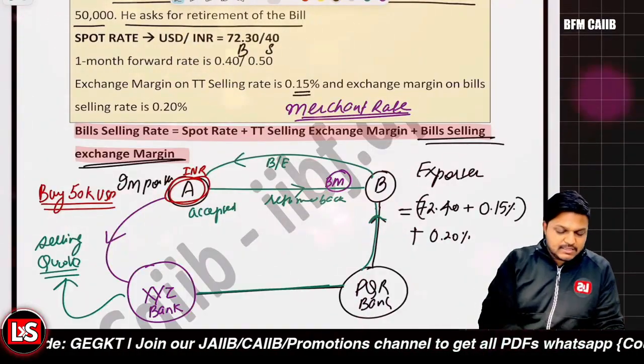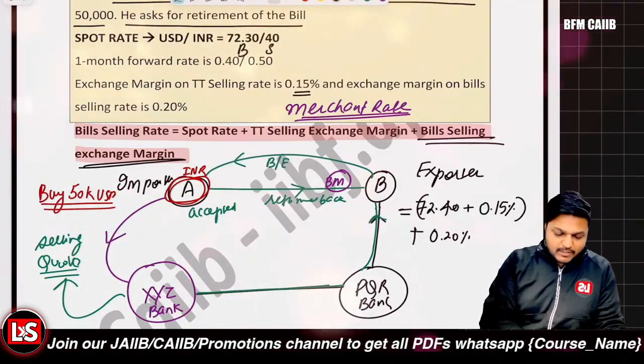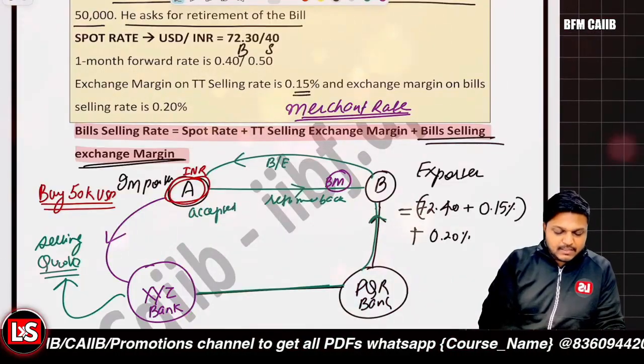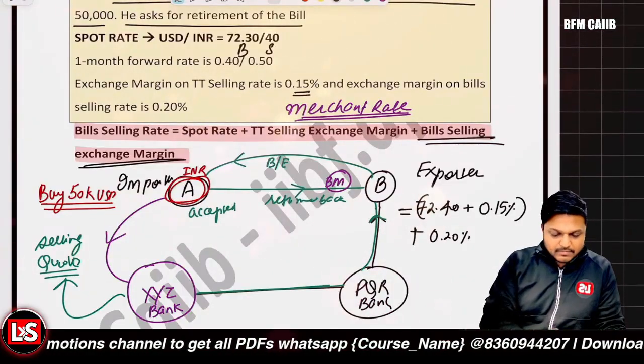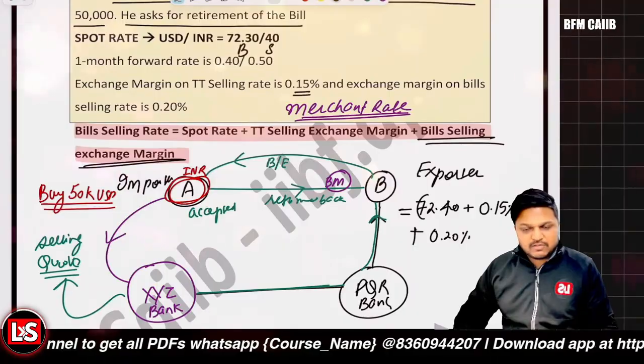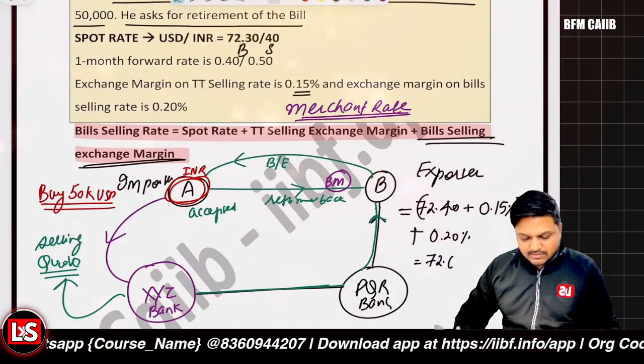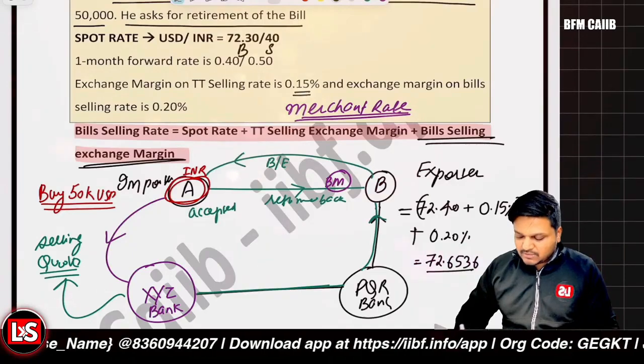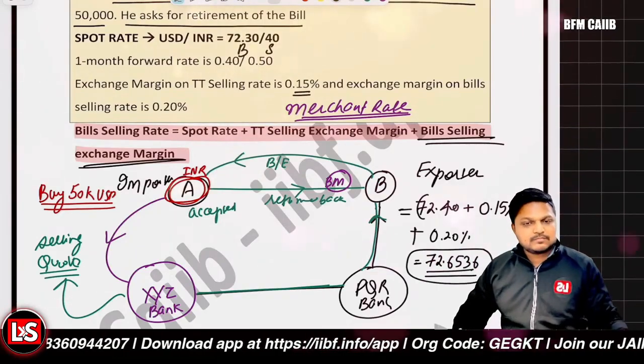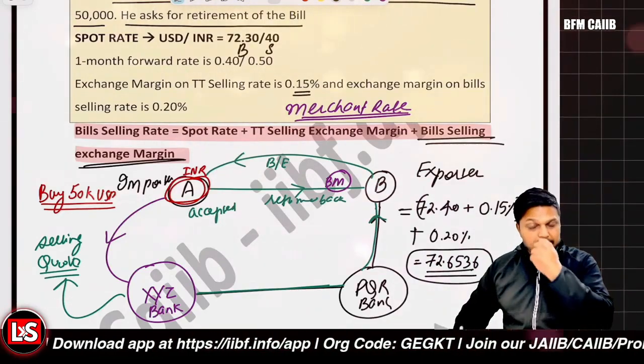So it is 72.4 plus 0.15% plus 0.2%. That is 72.6536. This will be the answer. Okay.